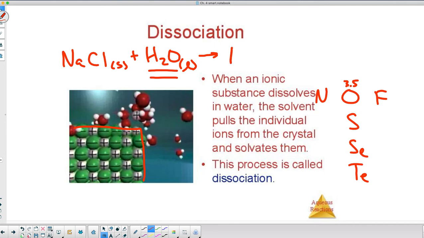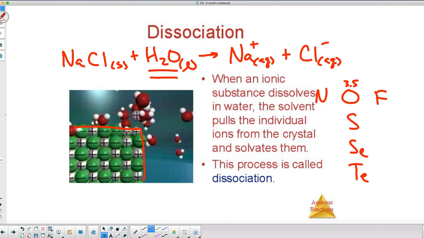And when that happens, you get a sodium ion, not an atom, floating freely that has been pulled off by water, and you get chlorine ions floating freely within water, because water's positive end pulled off the chlorine, and the negative end pulled off the sodium. And that's how dissolution or dissociation works.